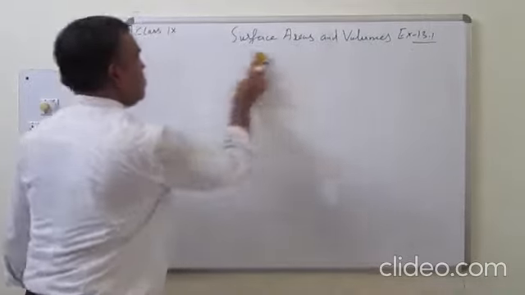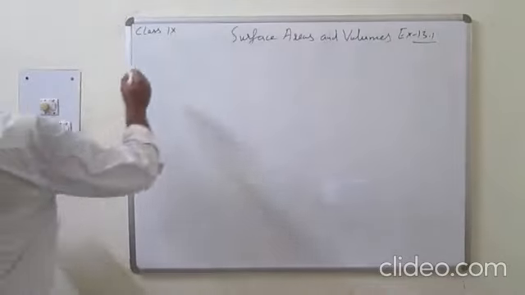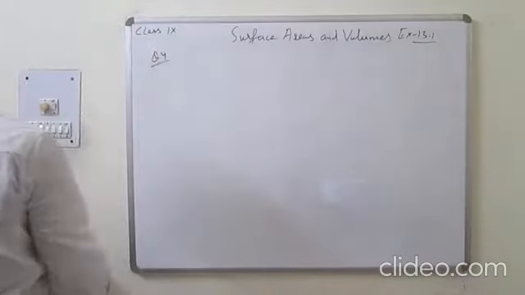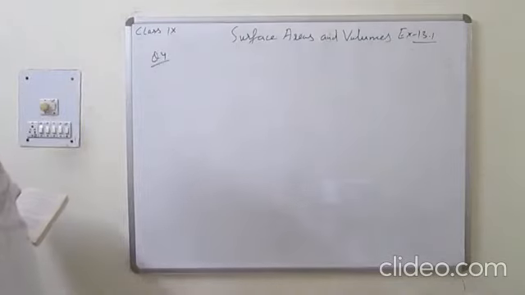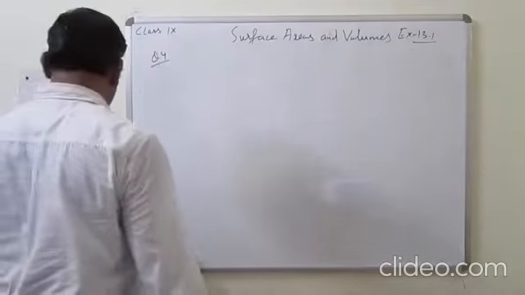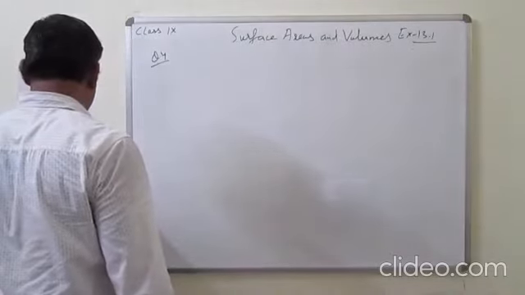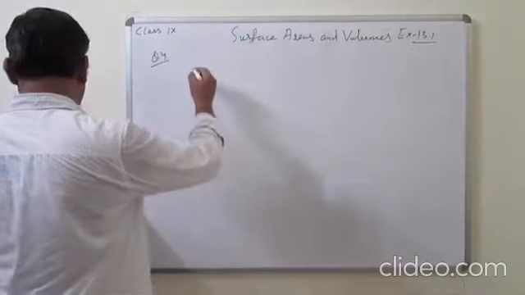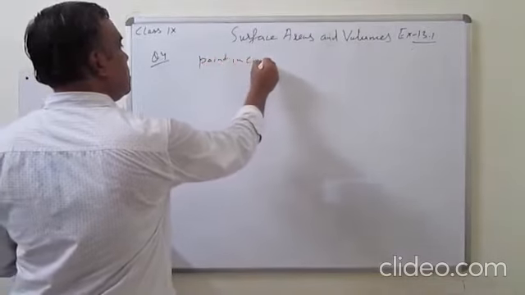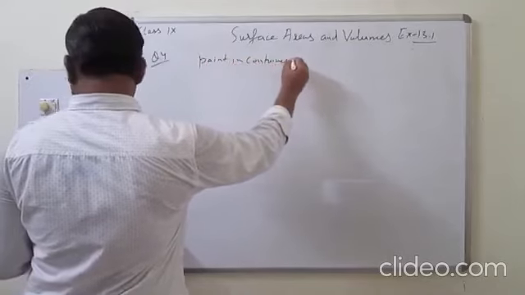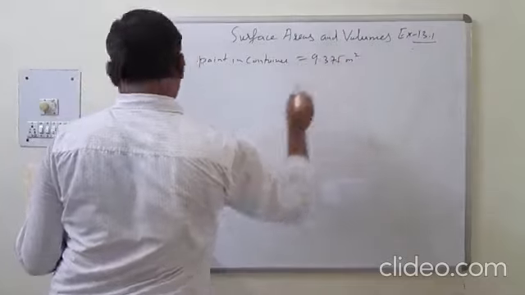Now, question 4. See question 4. The paint in a container is sufficient to paint an equal area. Paint in container is given to you, whose total area is 9.375 meter square.